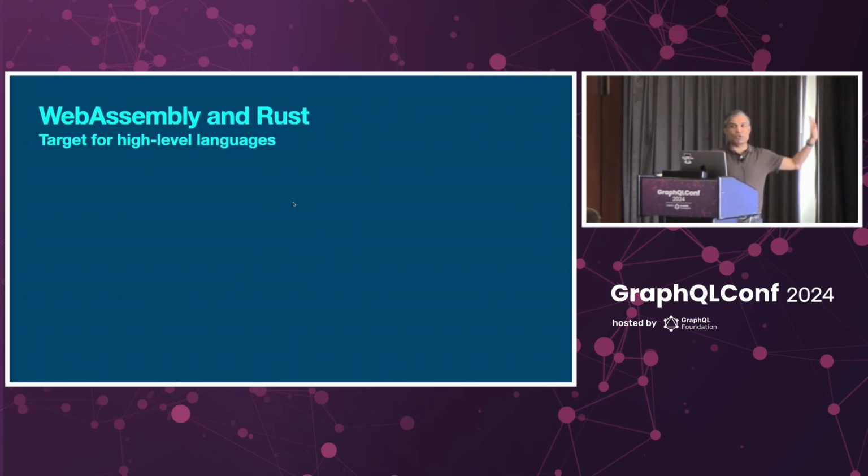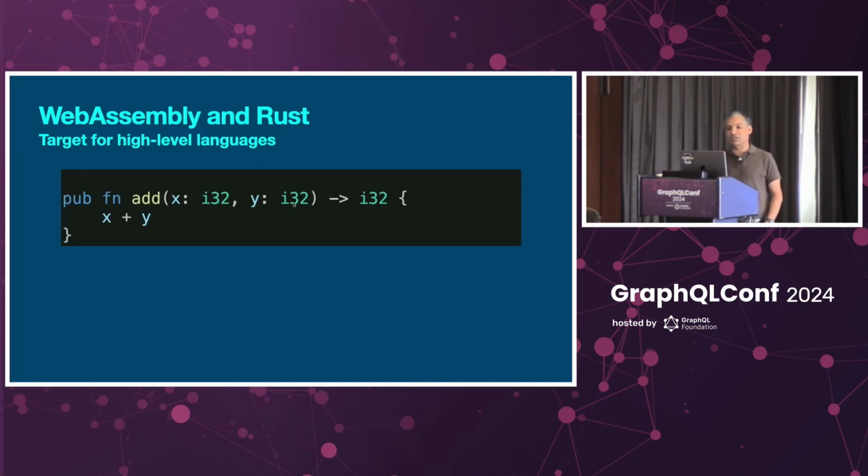With WebAssembly, however, you don't write code in either of the formats. It's fine for educational purposes, but that's about it. It's really used as a target for high-level languages, such as Rust. So how many are familiar with Rust? Oh, quite a few. All right, so you will have immediate clarity on how it works. In Rust, you will typically write the add function like this. You take 2 parameters and return their addition.